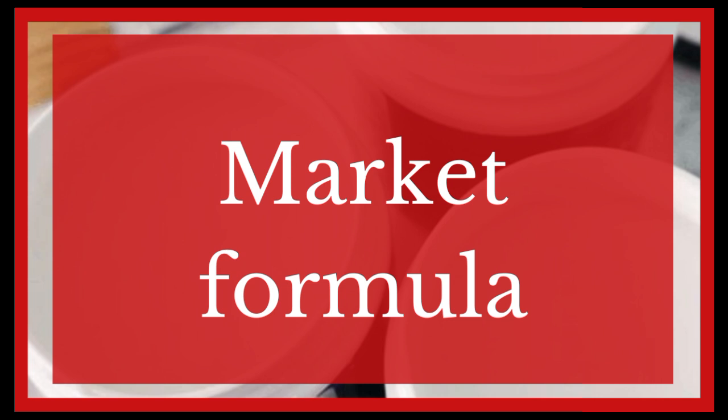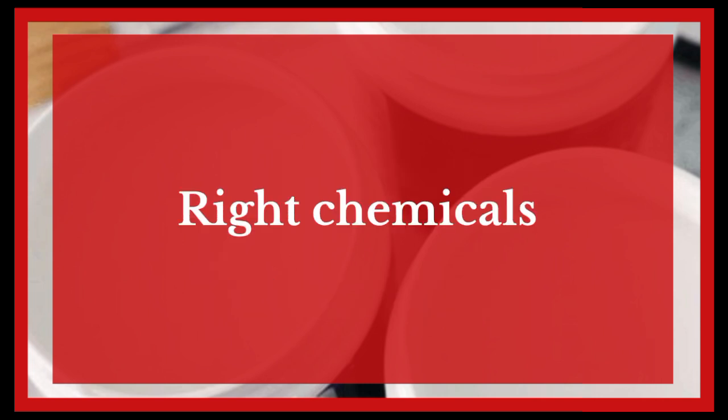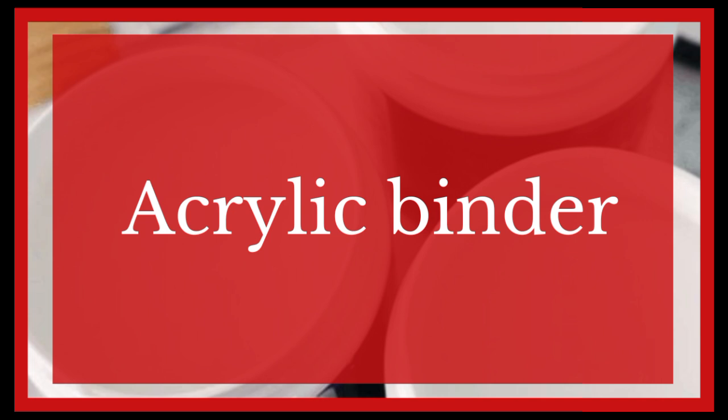So you have to make sure you're sourcing the right chemical. It's very, very important. If you get the original acrylic for satin paint, you understand, you get the original one.